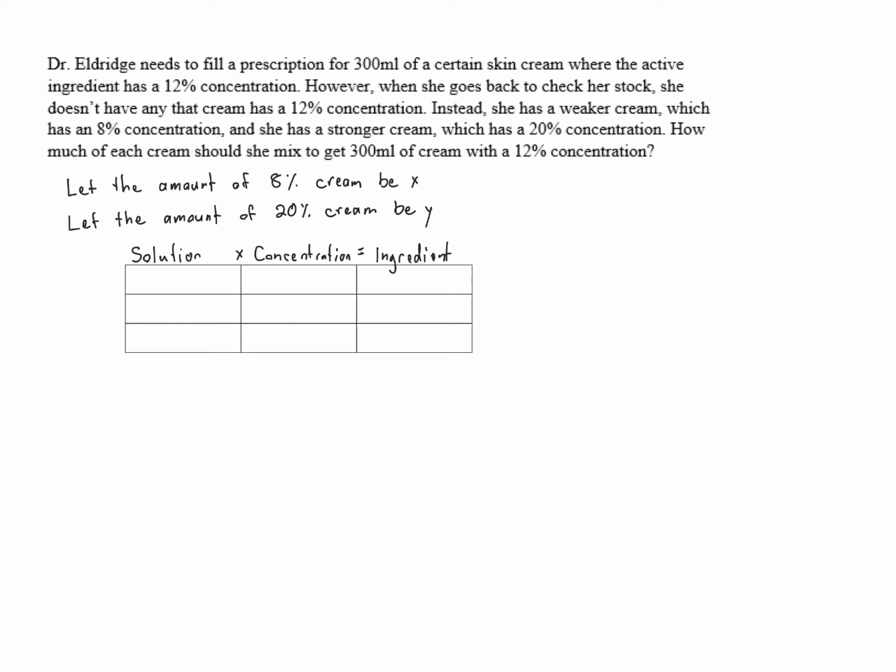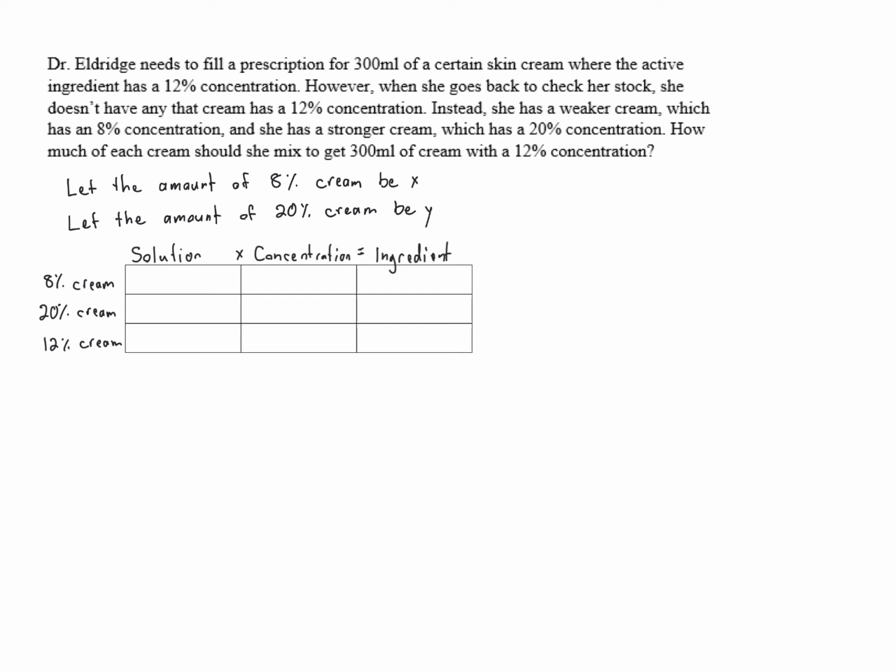The 2 creams being mixed are the 8% cream and the 20% cream. And when we mix them together, we get a third cream that has a concentration of 12%. So here, these are our 3 different creams.